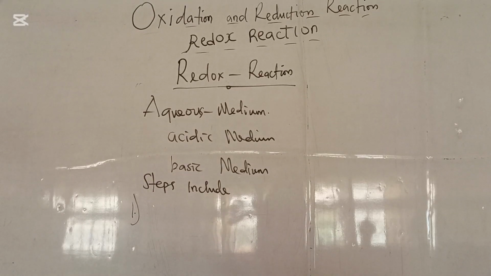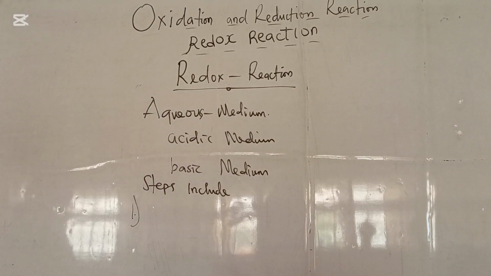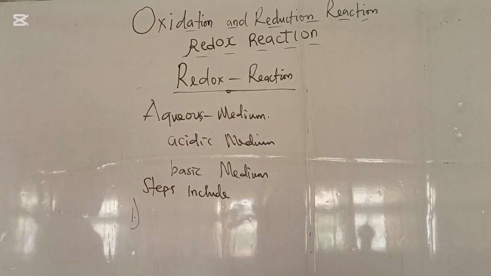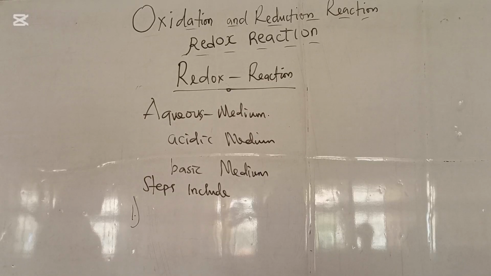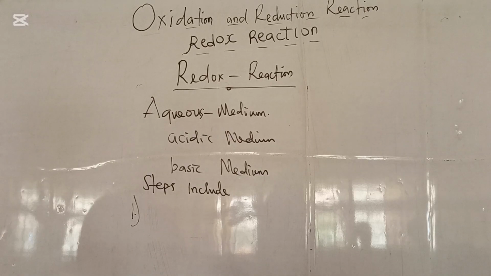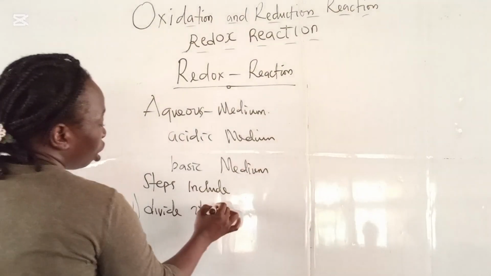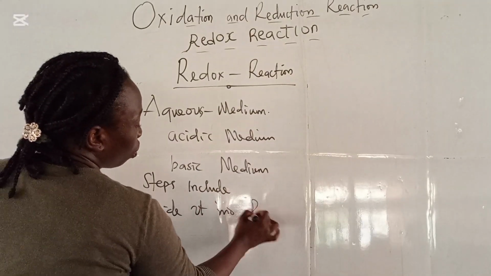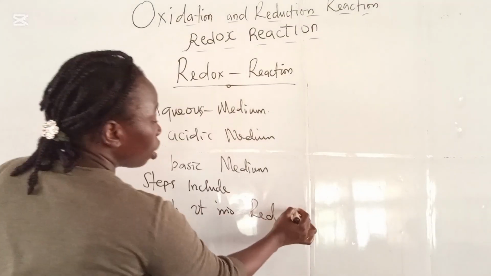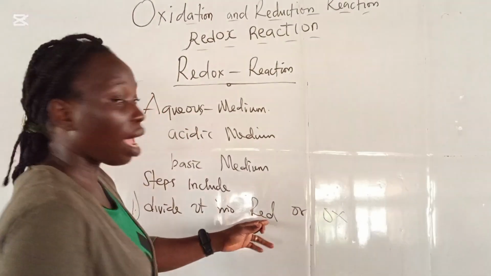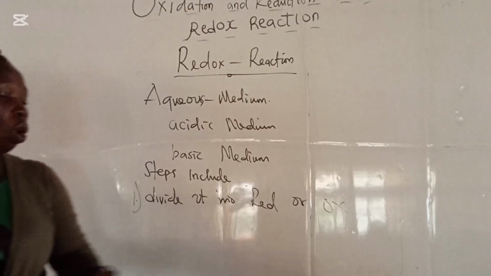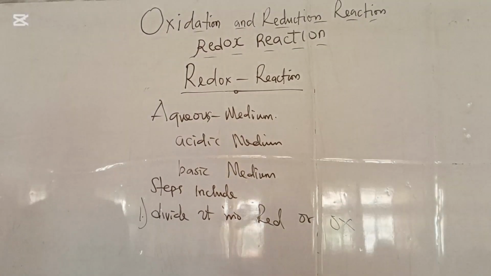Divide the equation into two half reactions. That is, the first step is to divide it into redox, that is, the reduction half cell and the oxidation half cell.